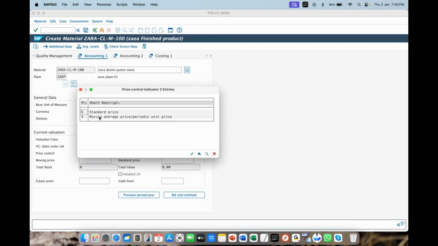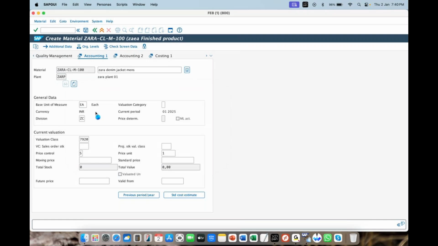It keeps on changing, but we work at the sales counter. It is all about the cost which is to be presented for the product. It's always standard price. And here you can see the year and month is coming automatically.